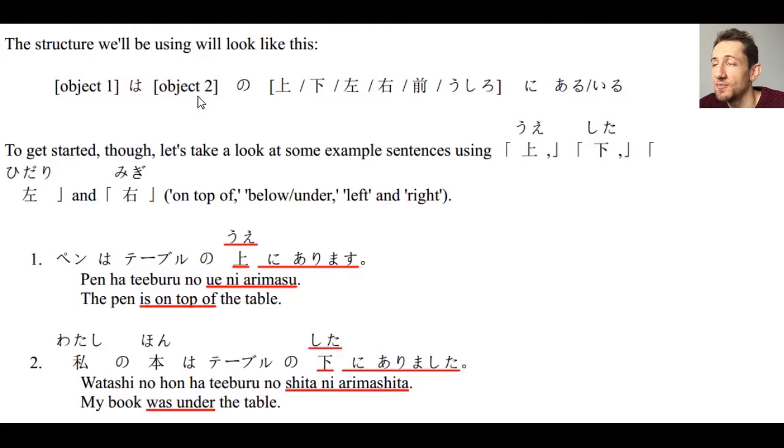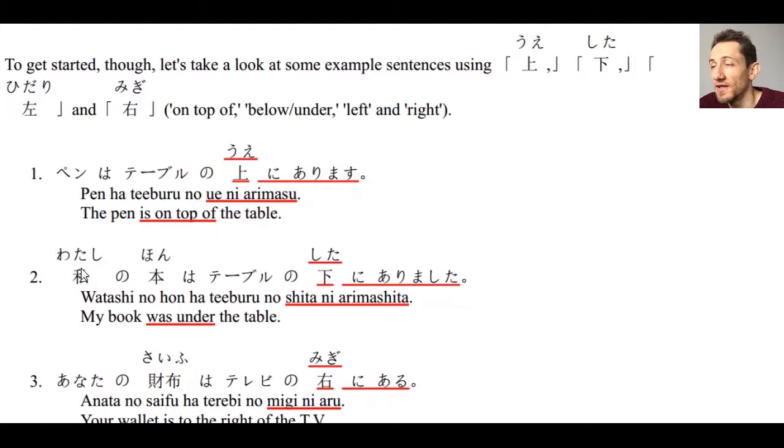So pen wa teiburu no. So we use the possessive particle no to describe what part of the table we're talking about. So teiburu no ue, the top of the table. And then we use the particle ni and then arimasu. So of course a pen is an inanimate object, so we use aru to describe its existence or its location. Pen wa teiburu no ue ni arimasu.